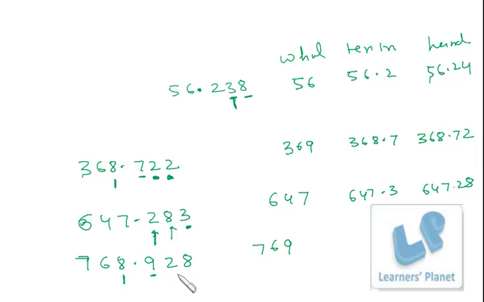Nearest 10th, the second digit after decimal is less than 5, so delete this and write the remaining number as it is. The nearest 100th, the third digit after decimal is more than 5, so add 1 over here. So 2 and 1, 3, then 9, and this is 768. So it's very easy.